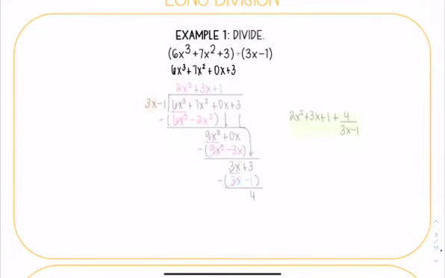And this is going to help us in the long run. So we're going to put that polynomial inside our long division, and on the outside, we're going to put the 3x minus 1.